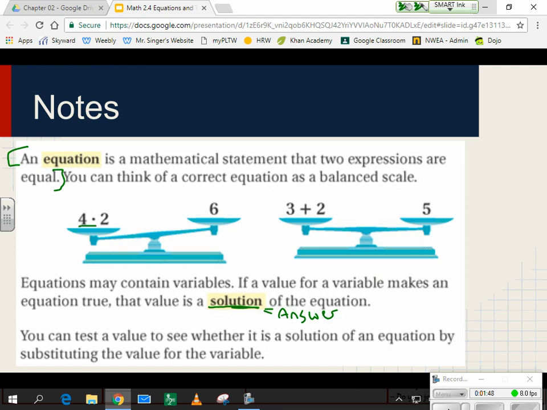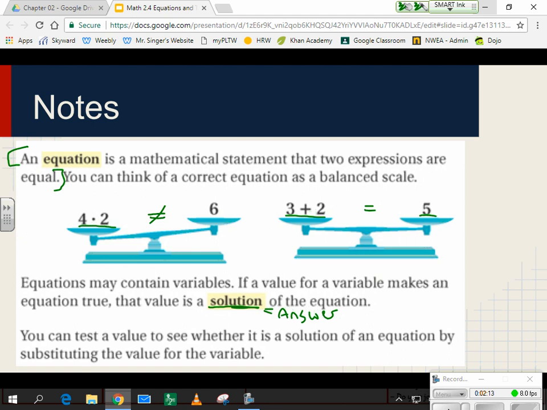The 4 times 2 is heavier than the 6. Where over here, this balance beam is equal, where 3 plus 2 and 5 are equal. Well, you know 3 plus 2 equals 5. 4 times 2 does not equal 6, and that's what it's trying to show you here.